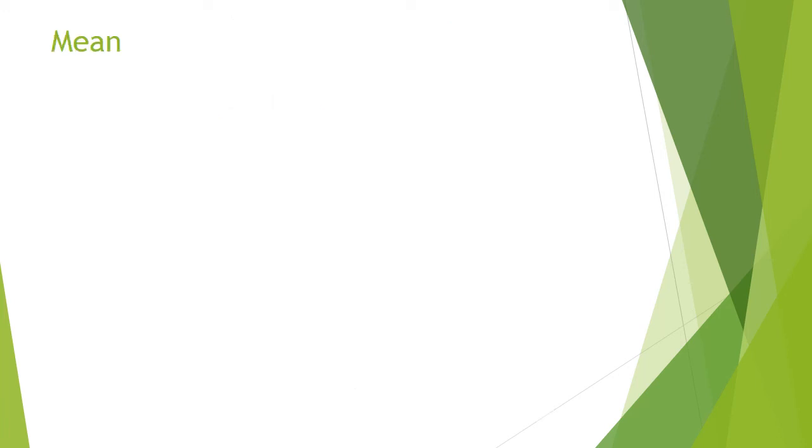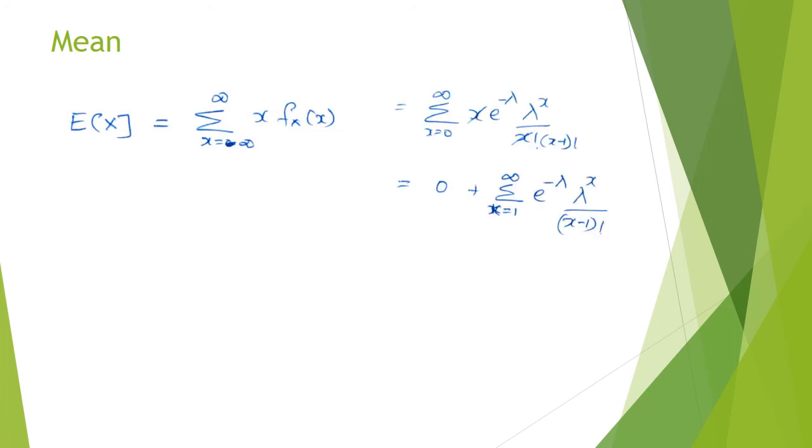Now we will derive the expression for the mean of the Poisson distribution. We know that the expectation of x is the summation over x from minus infinity to infinity of x f_X(x). Now our function f_X(x) is defined from 0 to infinity only, so we can change the summation to x equal to 0 to infinity. Now f_X(x) is e raised to minus lambda, lambda raised to x, divided by x factorial, multiplied by x.